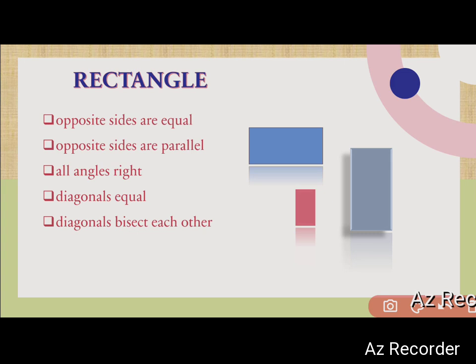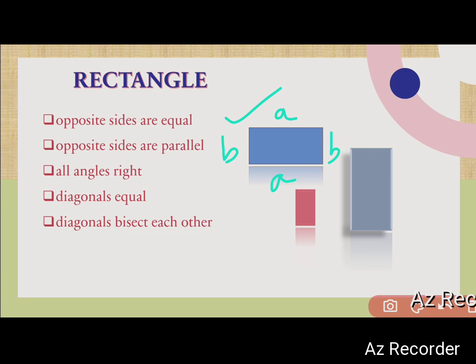If this is a quadrilateral, this is a rectangle, right? In this rectangle, this length is A, then the opposite length is also A. If this is B and this is also B, so here we can say the opposite sides are equal and opposite sides are parallel.